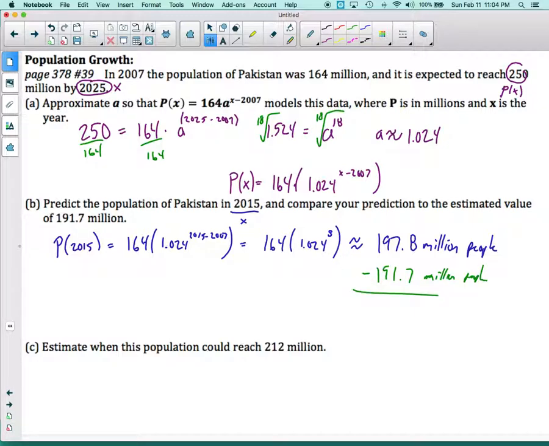So we are off by 6.1 million, which is a pretty good chunk to be off. But again, it's just an approximation when we do get an answer.